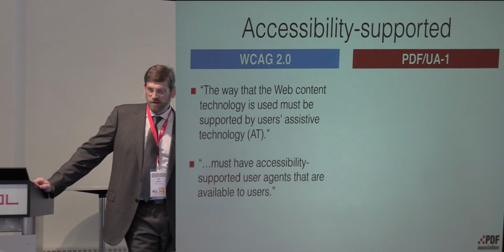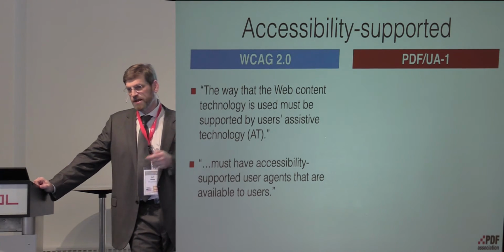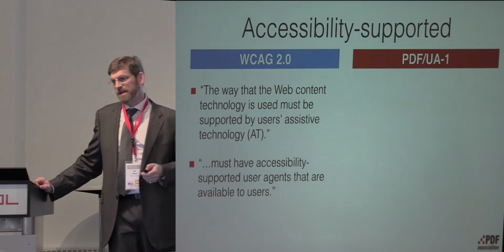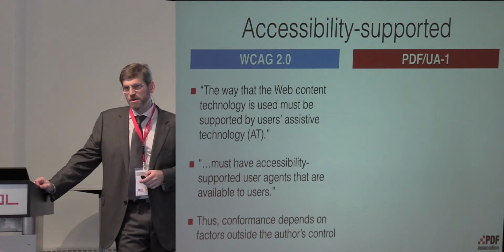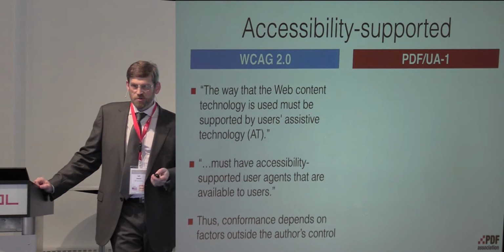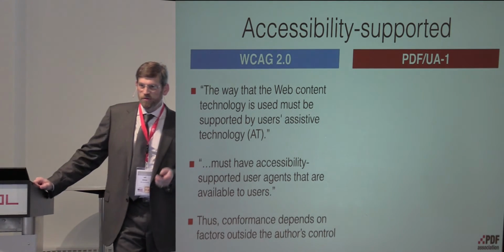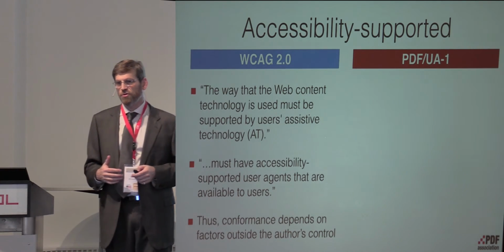So WCAG 2.0 insists that there be accessibility supported user agents available to users to handle the techniques that were used to meet the success criteria. As a result, for WCAG 2.0, conformance with the specification is something that's not actually in the document author's control.